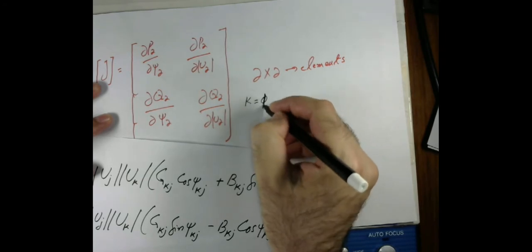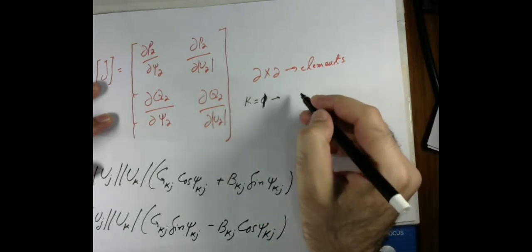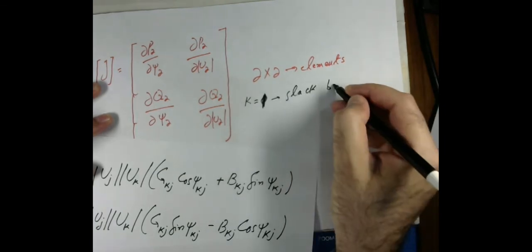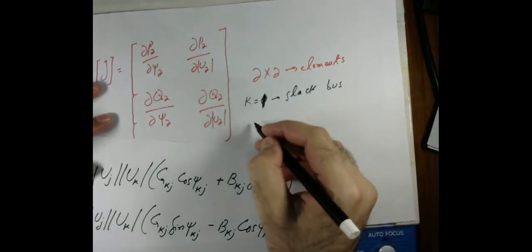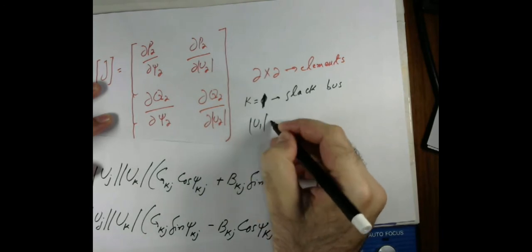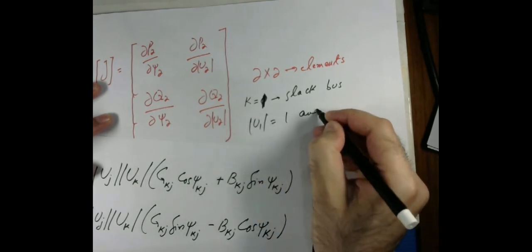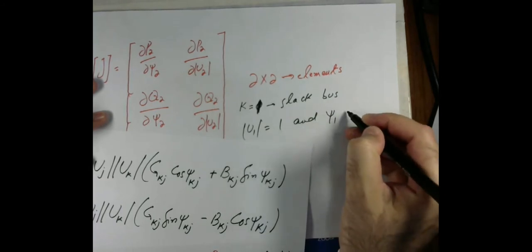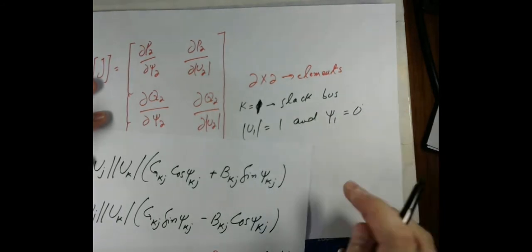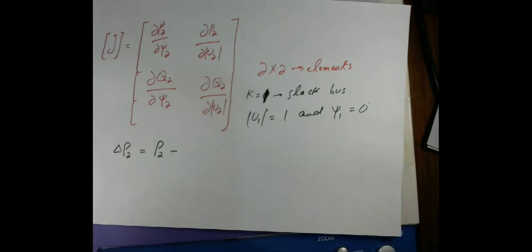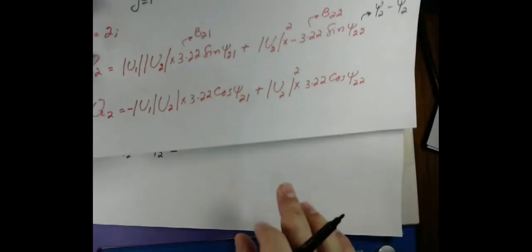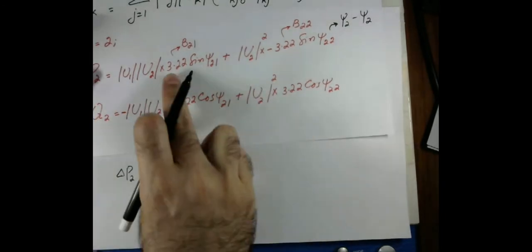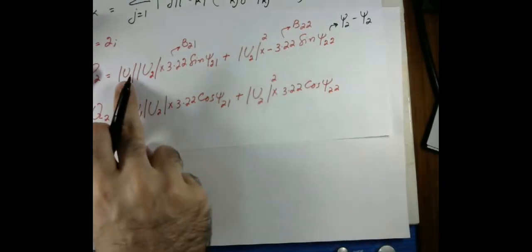For k equal to 1, which is the Slack bus, the voltage magnitude is equal to 1 and the angle at the Slack bus is equal to 0. So that is by definition. Now if we put these values here, P2 will have only one term, because this term will become 0. It will only be this term.